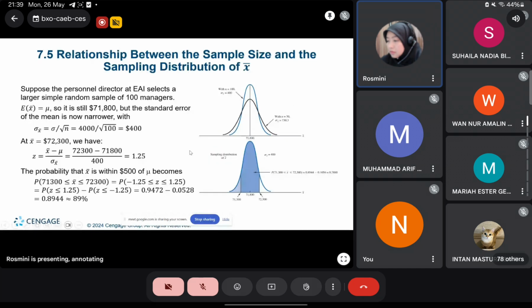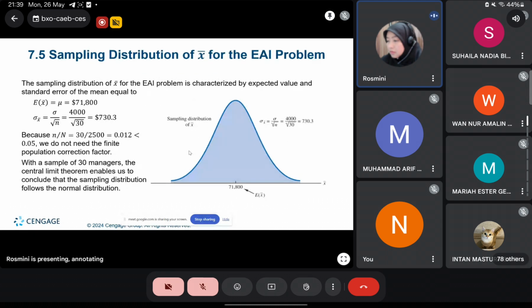Now, the standard deviation for the sampling distribution, sigma, is 4,000 divided by the square root of n.